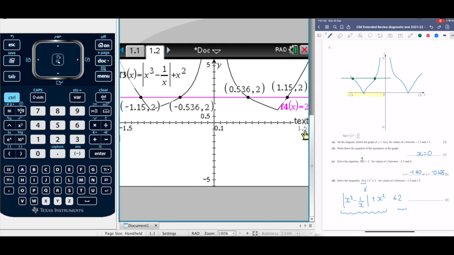The first one is where x is in between, and it can be equal to, because it could be equal to in the question, minus 1.15 and minus 0.536, and then we've also got 0.536 and 1.15. So my answer there is this part with the 2 inequalities.